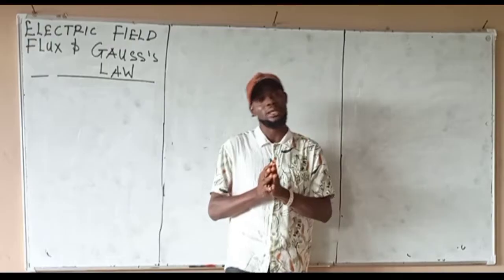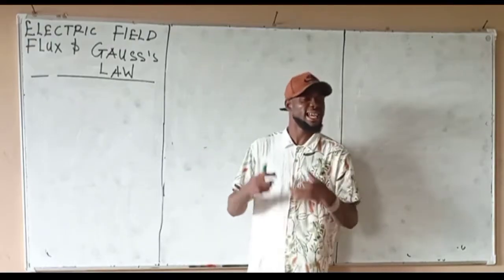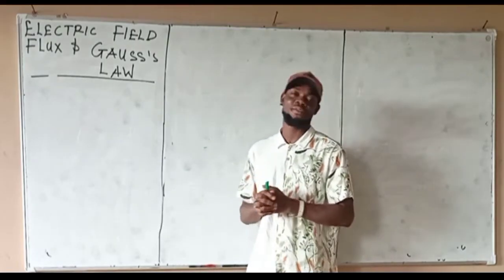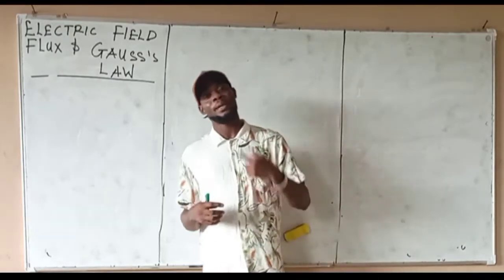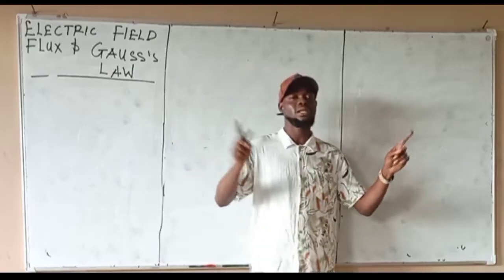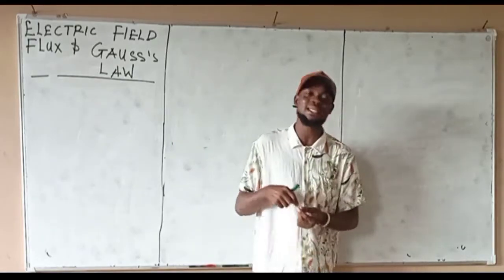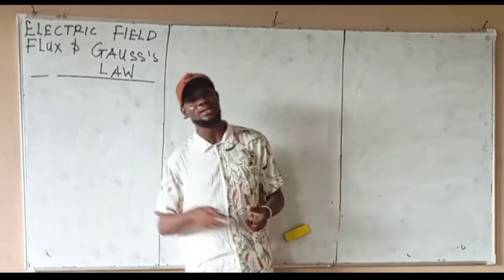We have some surfaces whose area is very difficult to calculate. If you come from the angle of Gauss's law, you don't need the area of the surface, and you will still be able to get the flux leaving that surface.